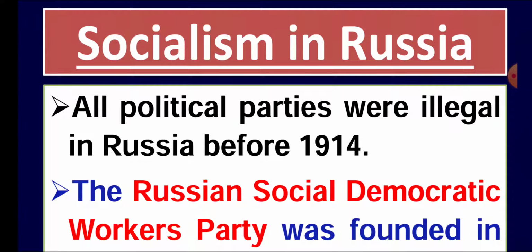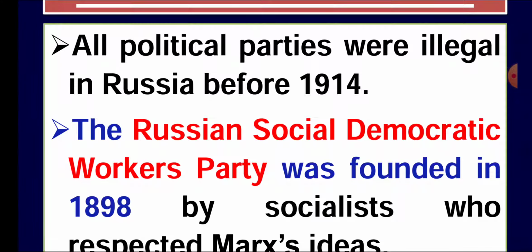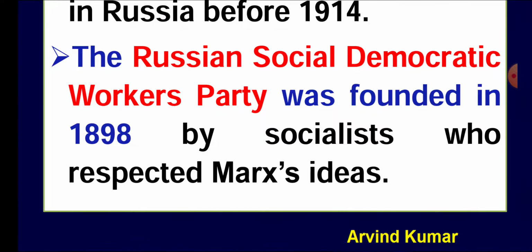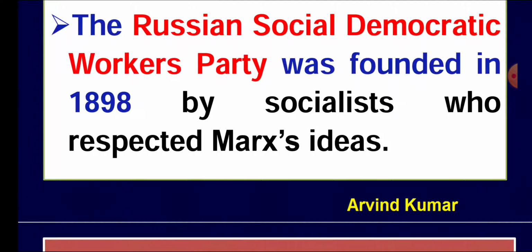In spite of these problems and restraints, in Russia the Social Democratic Workers' Party was founded in 1898. This was one of the important parties of Russia at that time. This party was supported by socialist thinkers, especially people who believed in Karl Marx's ideas.